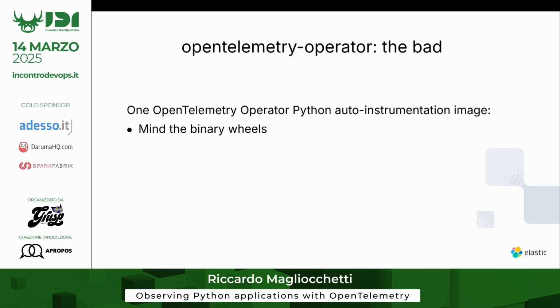The first problem is that some Python packages ship with some binary code. This is the case for the grpcio package we've seen before, but also for the psutil package, that is the library that is powering OpenTelemetry Python instrumentation for system and process metrics.